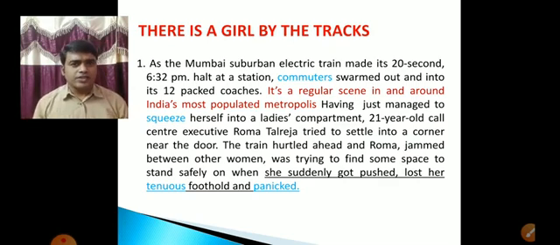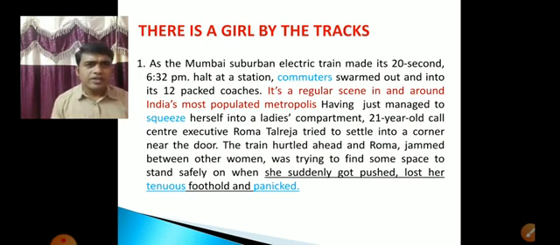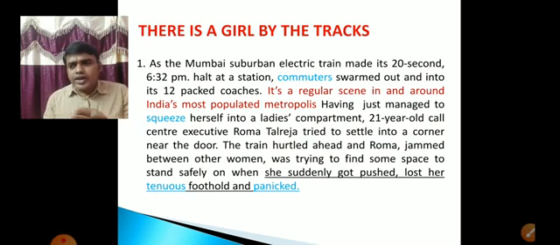And in that train, children, at 6:30 in the evening, what happens here? Having just managed to squeeze herself into the ladies' compartment, one of the girls was trying to squeeze in, in the sense, trying to settle. Got it? Squeeze means to go and manage to make a little space.